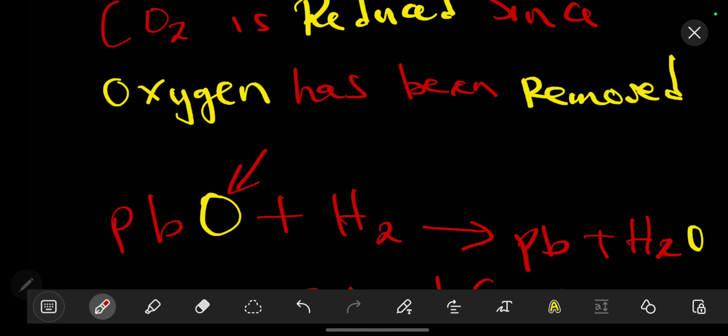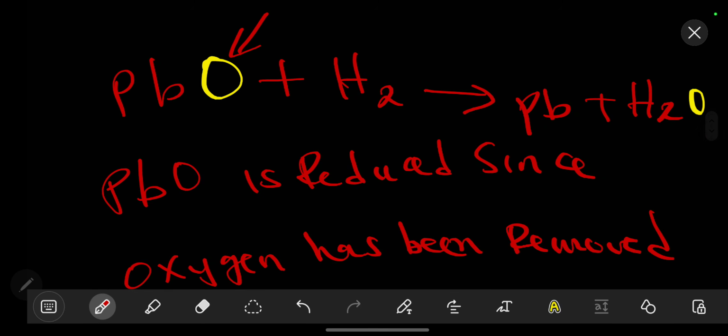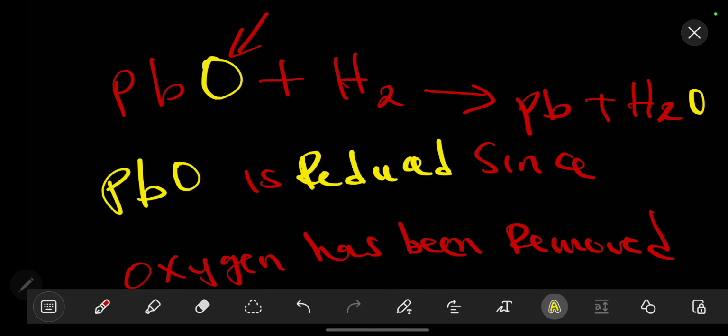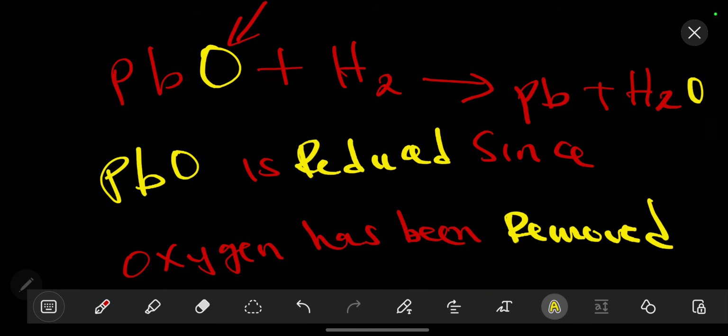So you need to be careful, though we are going to dive deeper into this. This is oxidation, this is reduction. So we can say lead oxide has been reduced since oxygen has been removed.